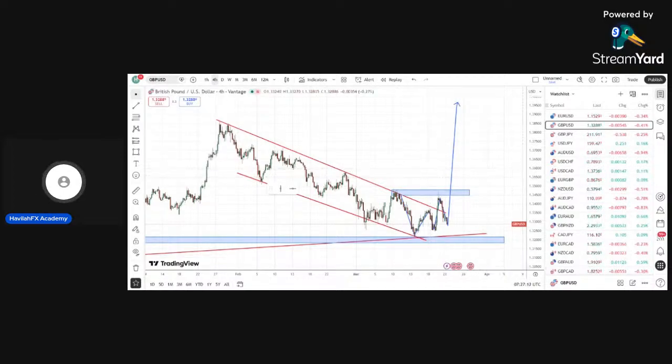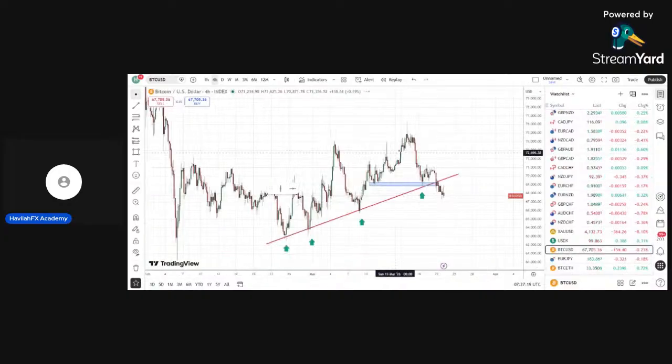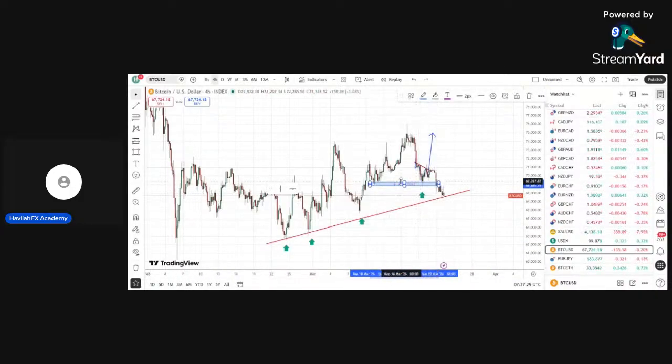All right, and finally, I'll look at the BTCUSD. BTCUSD is in an overall uptrend, and price currently is trading around a resistance turned support zone.